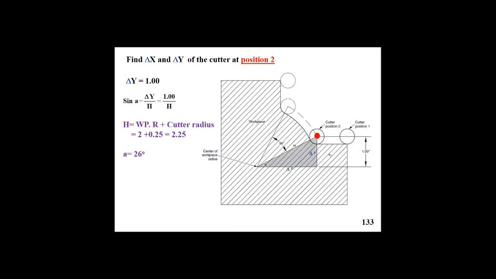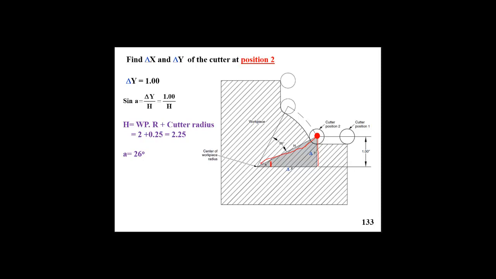Now, in our case, dy is given. So sine of this angle, assuming this alpha is a, or theta, or alpha, whatever, will equal this amount divided by this amount.